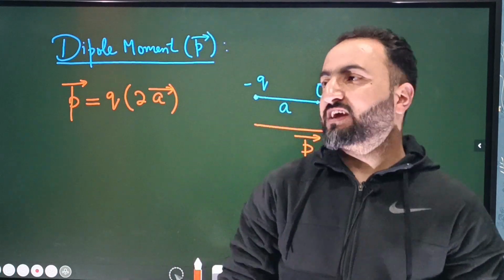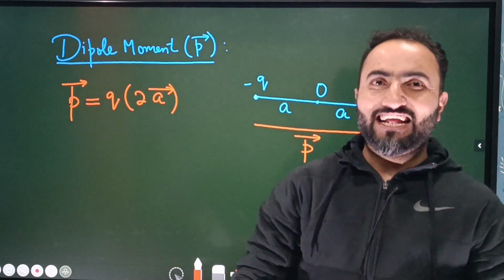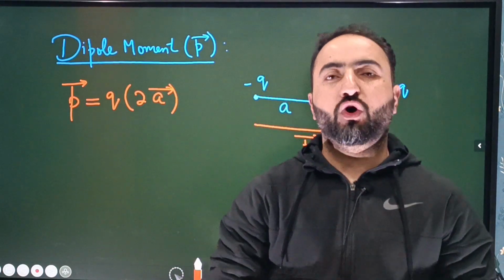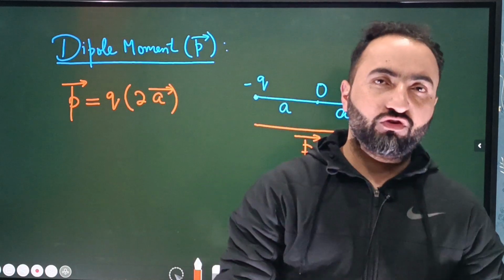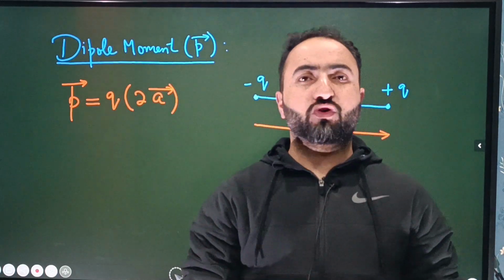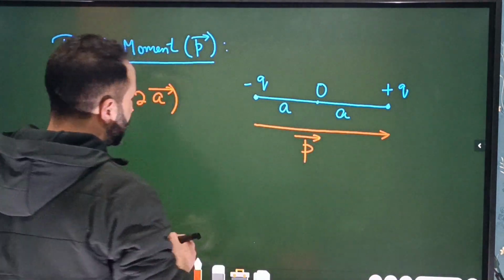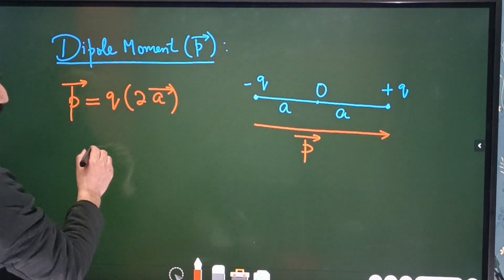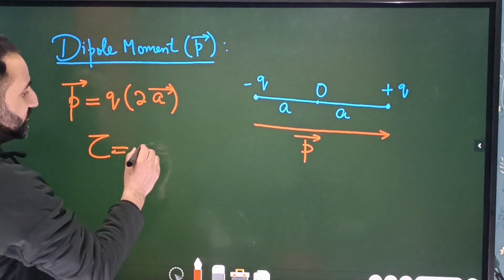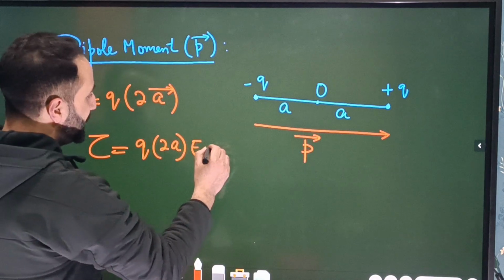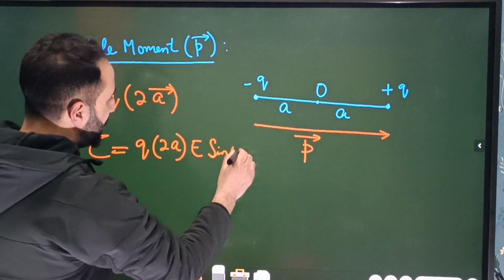So these two physical quantities, charge and dipole length, are a measure of the dipole moment on the dipole when placed in a region of uniform electric field. Again, we will later on calculate the torque. The equation will be something like this: Q multiplied by twice A multiplied by E multiplied by sine theta. Later on we'll calculate this.